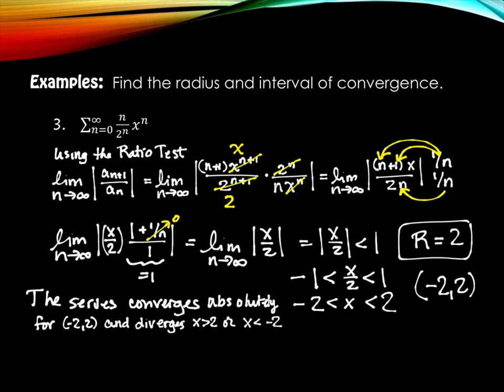It diverges on those pieces. But we need to test at x equal to 2 and at x equal to -2. Those are tests that we still have to run.